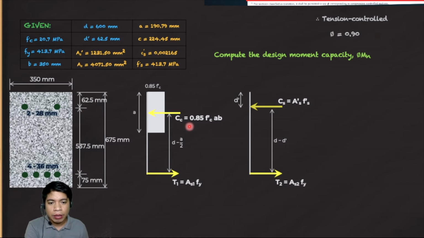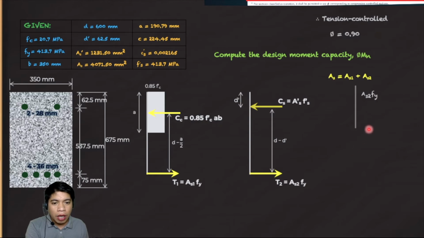Hihiwalay natin dito yung couple galing sa compression concrete at part ng ating tension area, tapos yung couple galing sa ating compression steel at part pa ng ating tension area. Ang gagawin natin dito is i-compute muna natin si As1 at si As2.